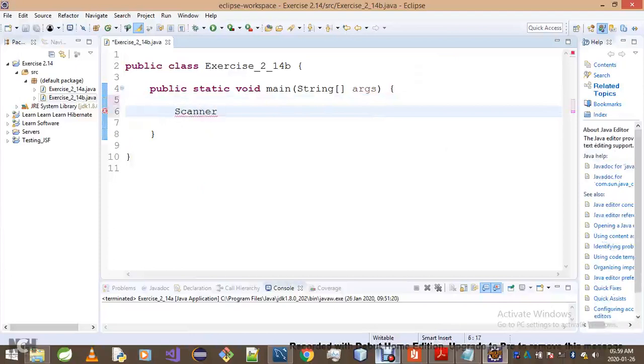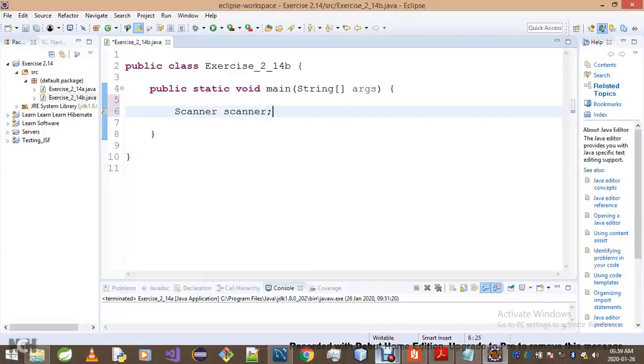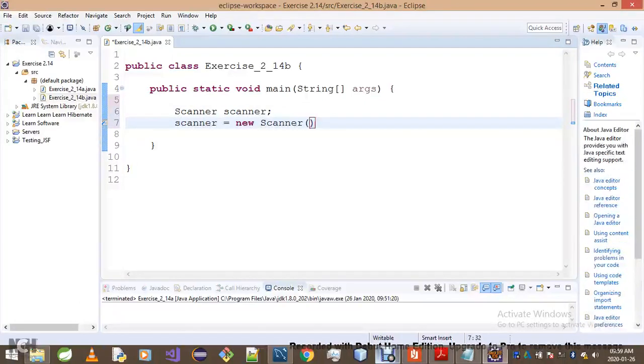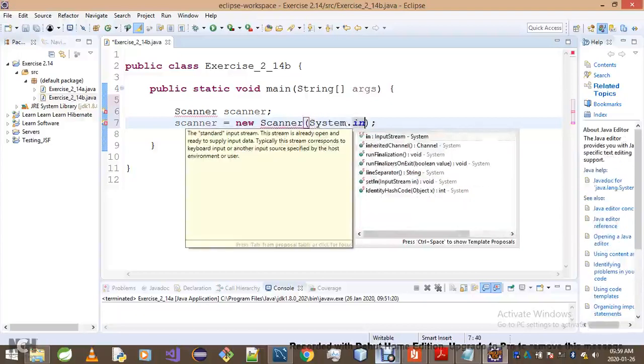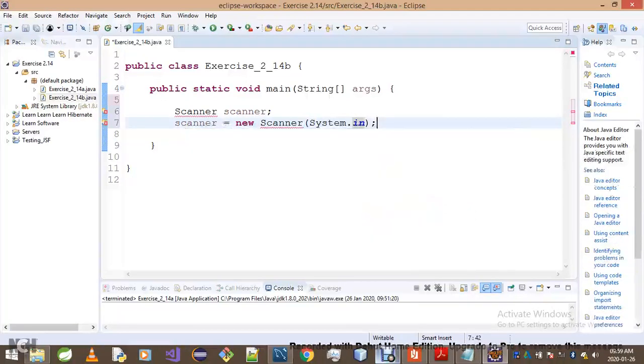scanner. Of course, you don't do this unnecessarily. Like in this case, there's no need to do the declaration in one line and then lastly do the initialization. There's no need in this case.